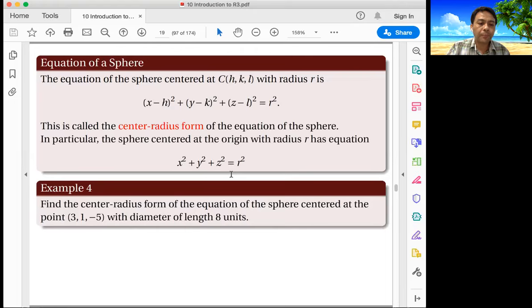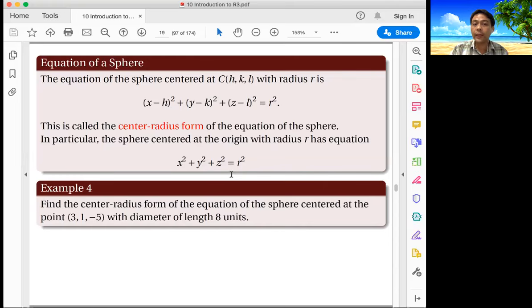For example, what is the center-radius form of the equation of the sphere whose center is (3, 1, -5), and whose diameter is 8 units long? Now let us be careful here. We want the center-radius form, but we are not given the radius outright. What we are given is the diameter.